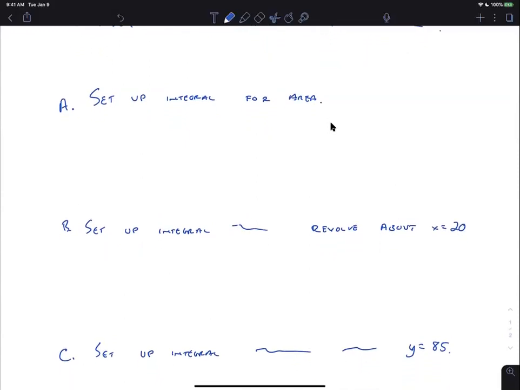One will be set up the integral for the area. One will be set up the integral for revolving around this line, and another one for another line.